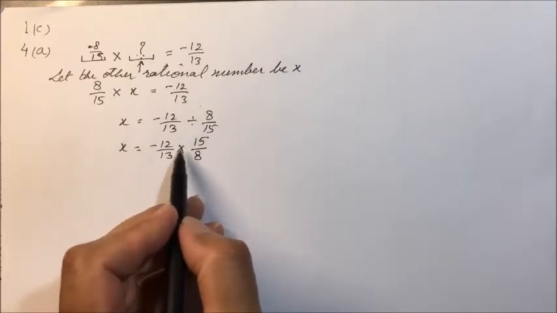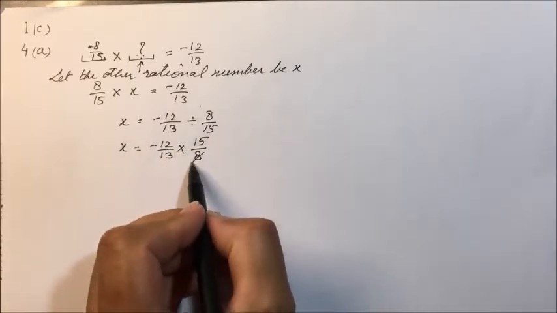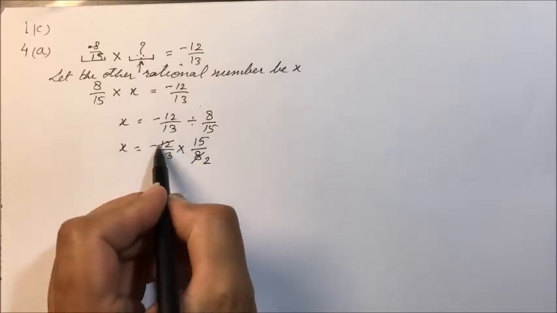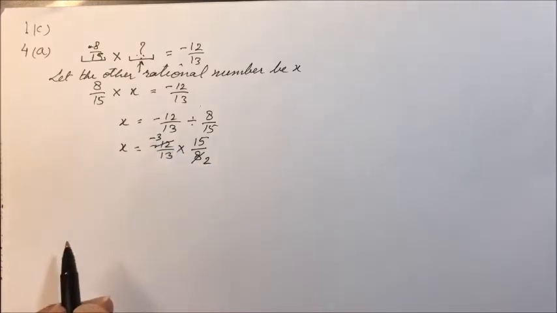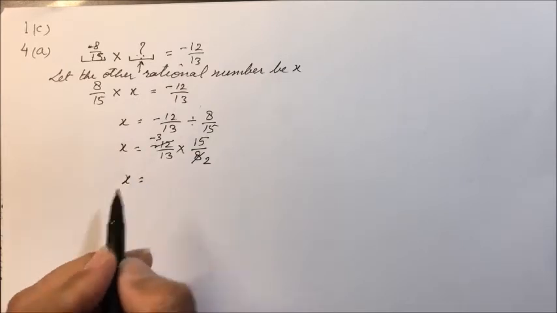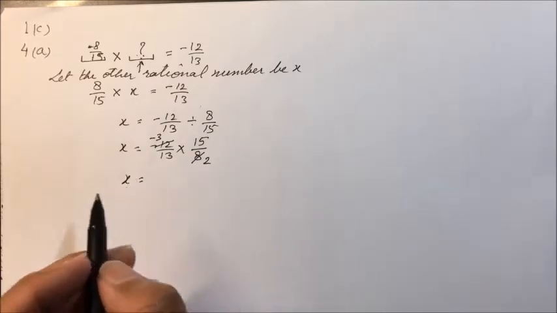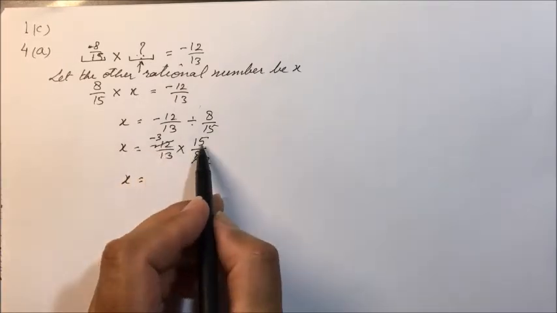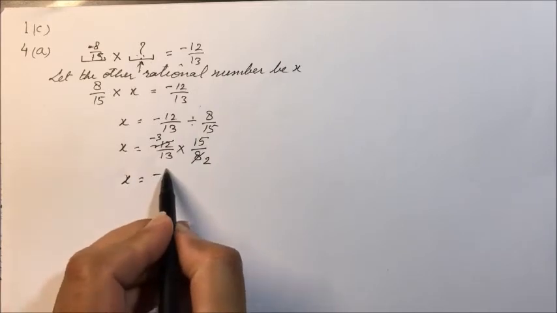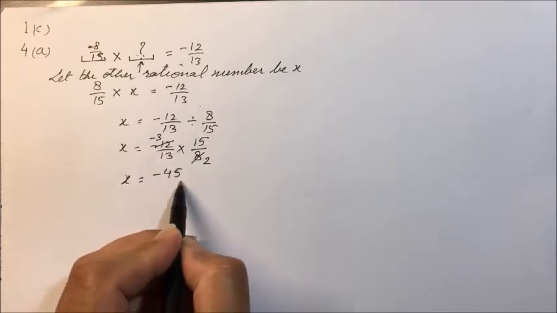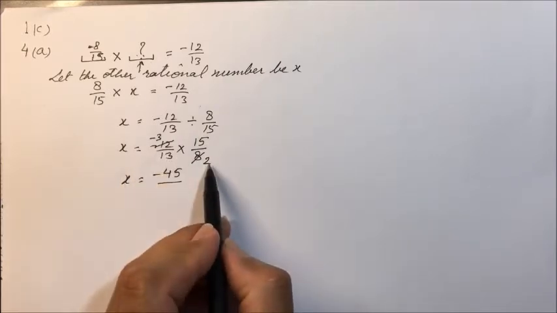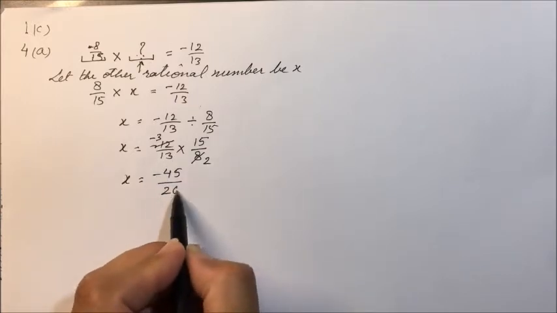Now see here, we can cancel something. 4 2s are 8, 4 3s are 12, that is minus 3. So the x value will be minus 3 into 15, that is minus 45, divided by 13 into 2, that is 26.